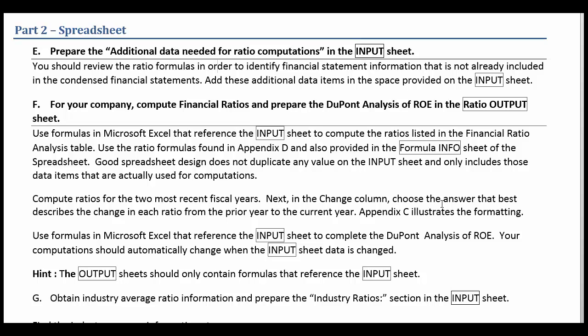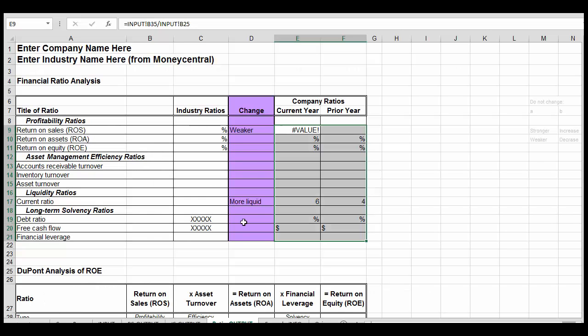Next, in the change column, choose the answer that best describes the change in the ratio. So over here, indicate if it's weaker or stronger, etc., quicker or slower, and all of the different changes for all of your different ratios.